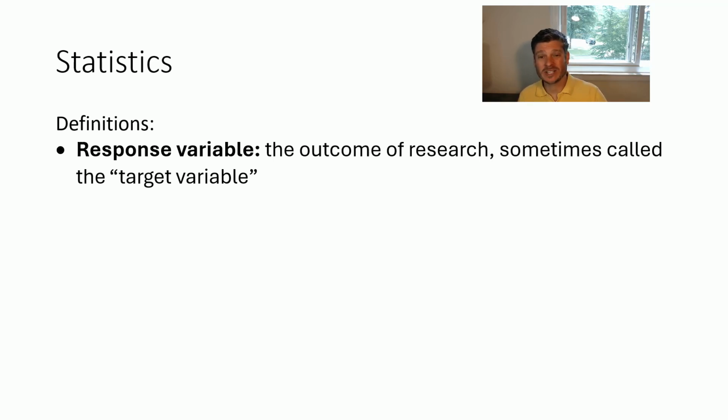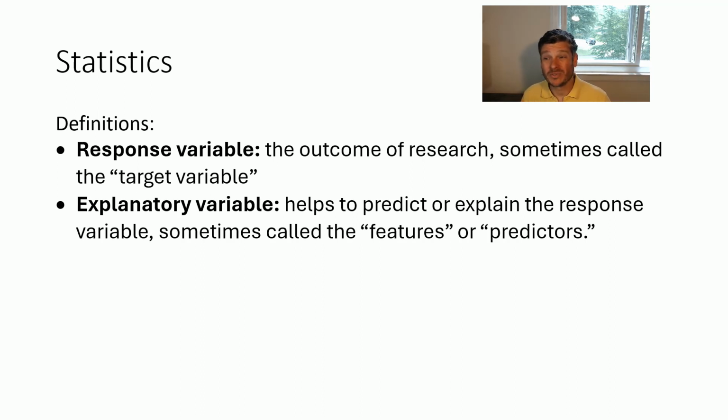And so what is the response? Well, the response is probably going to be influenced by our explanatory variables. And our explanatory variables are the ones that help to predict or to explain that response variable. And so sometimes these are called the features of my particular research, or the predictors of my research.